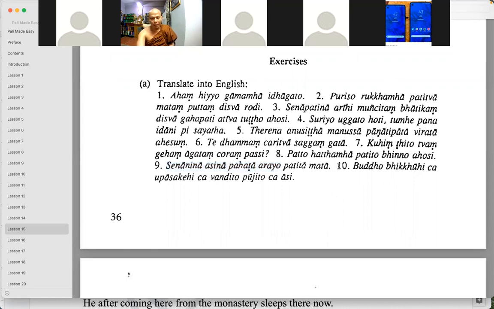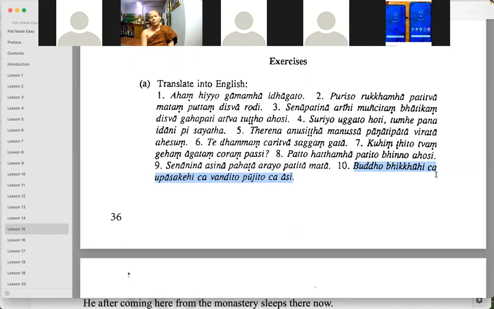Okay, and the last example for exercise A. So Buddho, Bhikkhuhi, Upasakehi, Vandito, Pujito, Cha Asi.